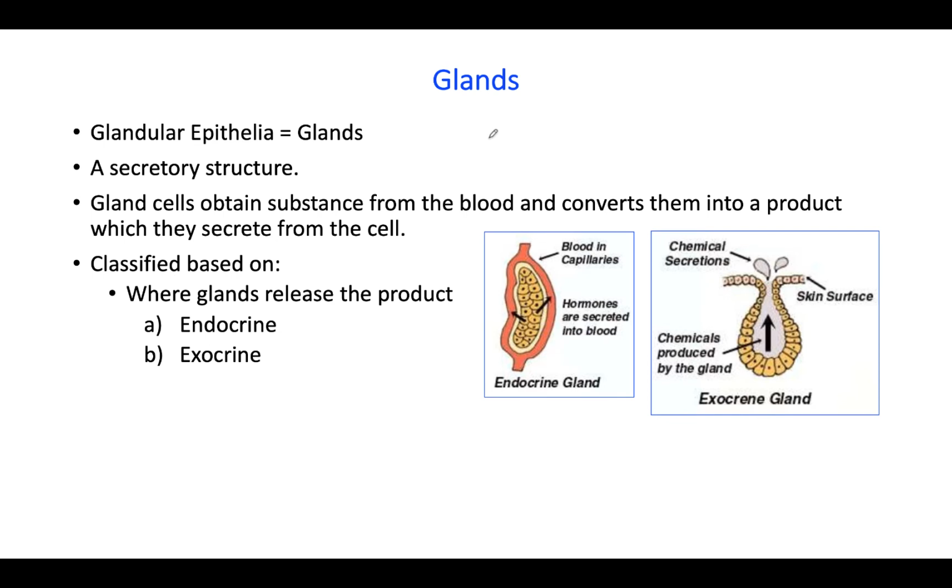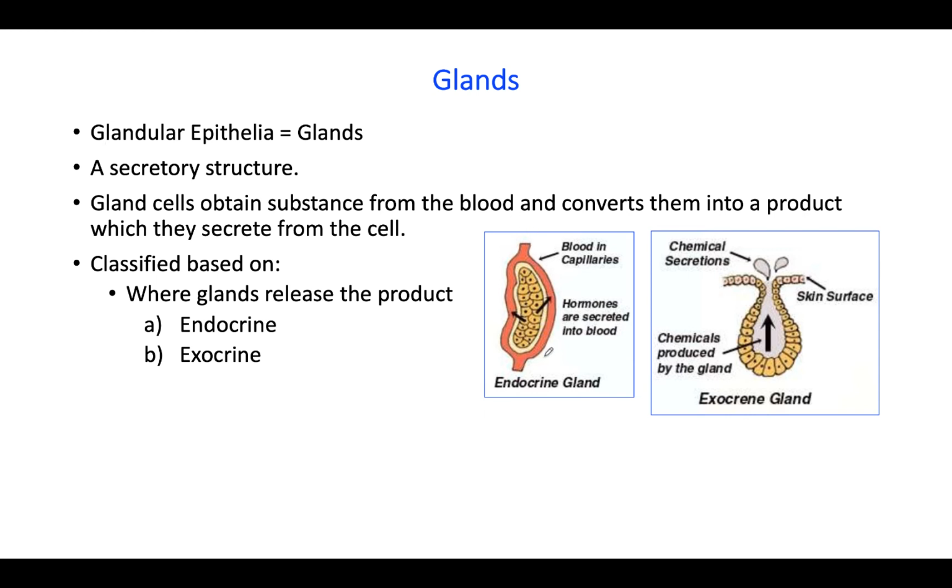We are studying epithelial tissue. A group of epithelial cells is a little modified, so glandular epithelium is called a gland. Most glands consist of a group of epithelial cells. A gland is a secretory structure made up of one or more cells modified so they can synthesize and secrete chemical substances.